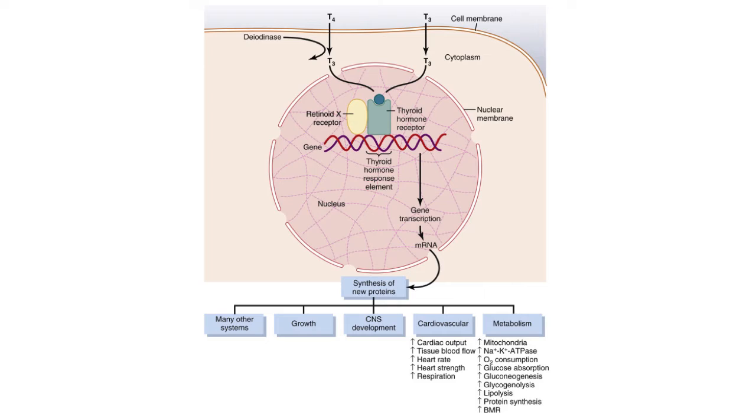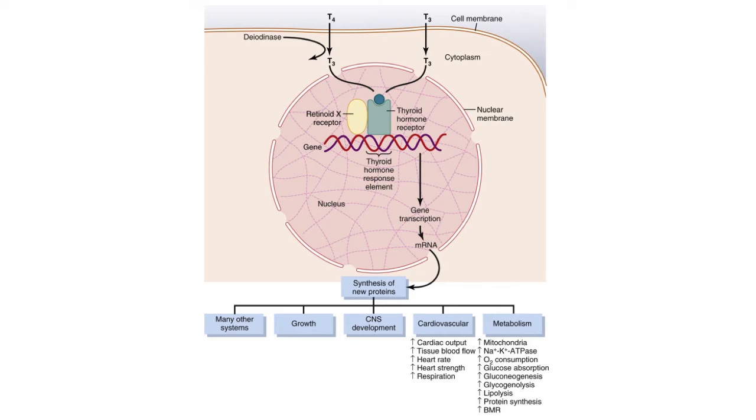Here, manifested as the yellow oval and the teal square are coupling of different receptors. So these receptors, the retinoid X receptor, which is activated by vitamin A, is attached with thyroid hormone receptor, which is activated by thyroid hormone.